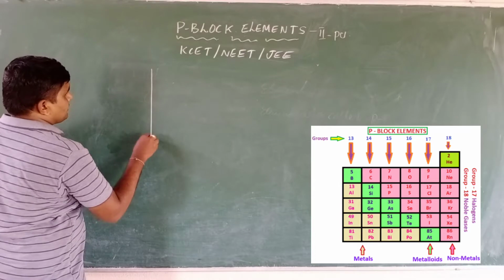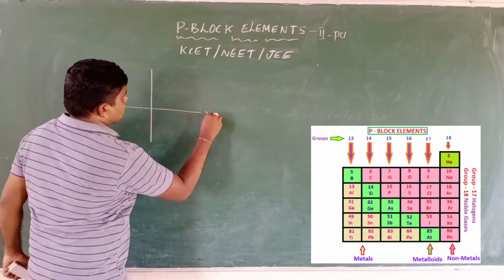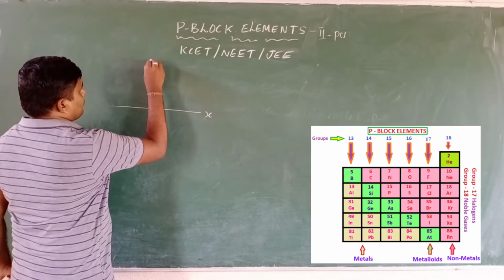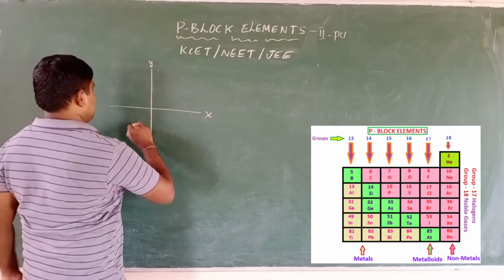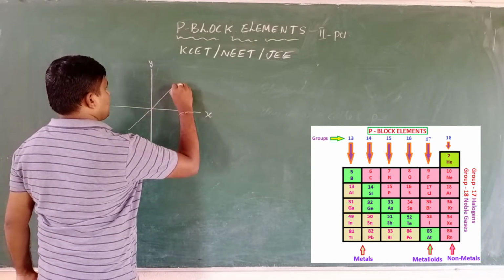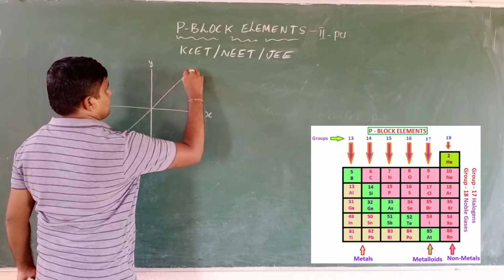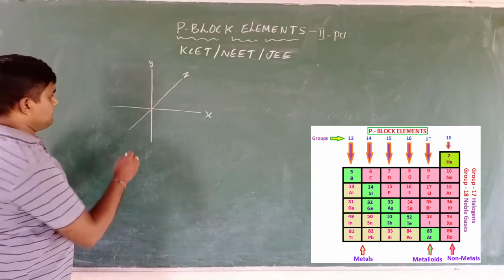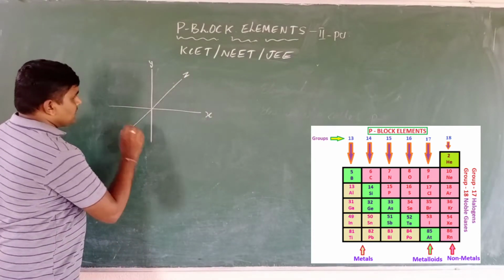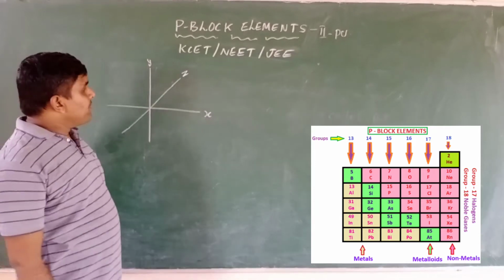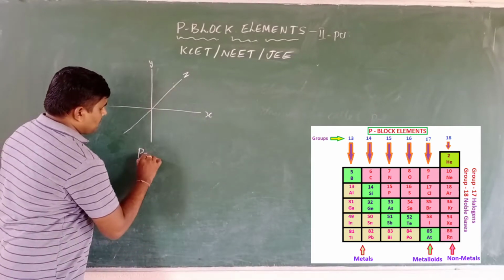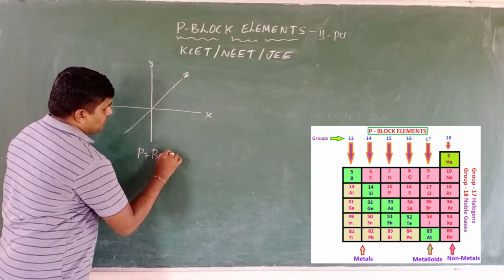Students, just consider this x-axis, y, and this is z-axis, right? So you know already, in the p orbital how many orbitals are there?